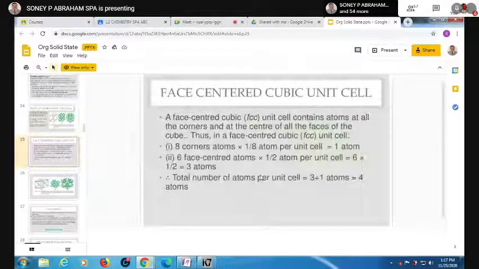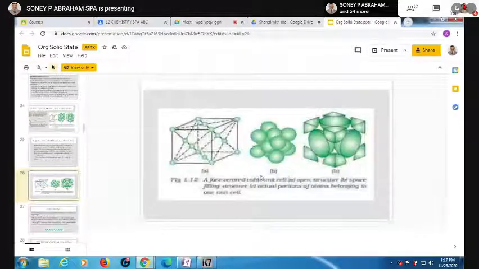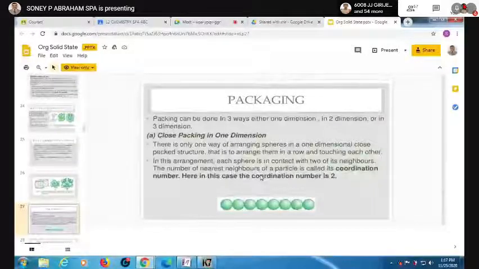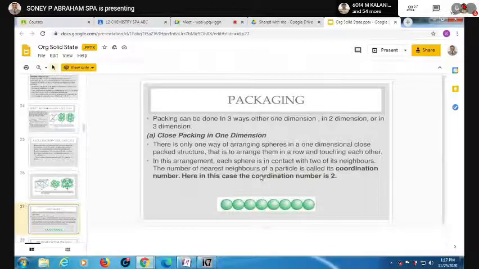Now we are going to discuss the arrangement of these atoms in a unit cell in 3 dimensions. In 1 dimension how they are arranged, in 2 dimensions how they are arranged, and in 3 dimensions how they are arranged. For our convenience, each constituent particle will be considered as a hard sphere. What is the meaning of close packing?